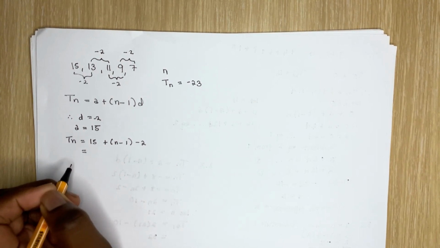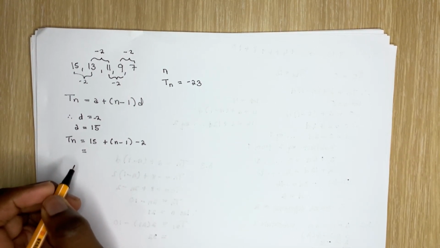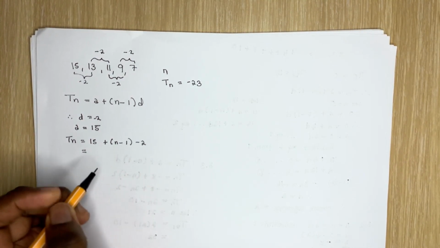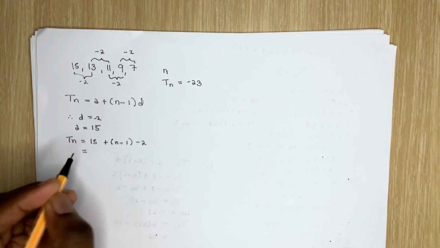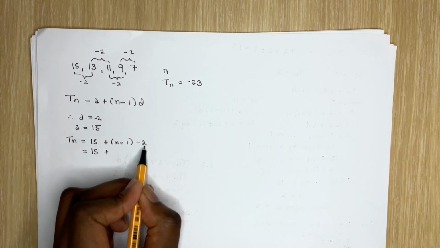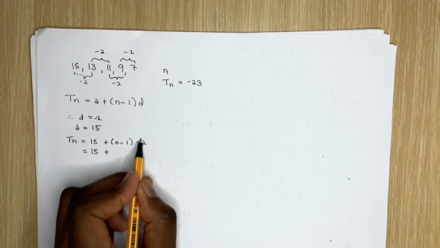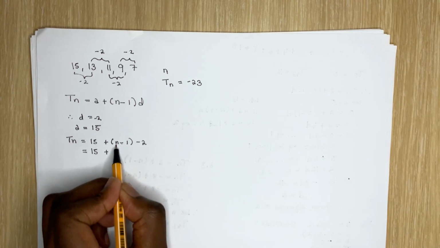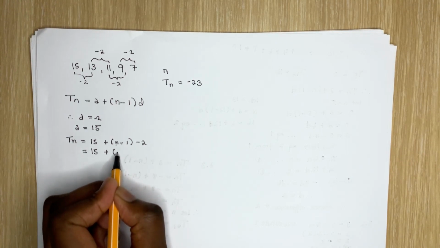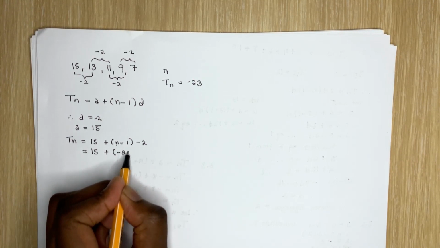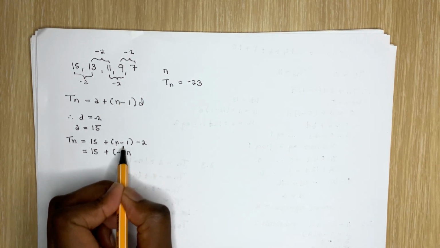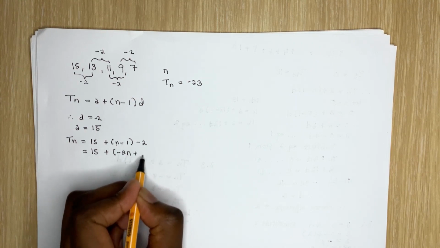So be careful when you multiply into the brackets when you have a negative value. So 15 plus, negative 2 multiplied by positive n, that will give you negative 2n. Okay, then negative 2 multiplied by negative 1, that's positive 2.